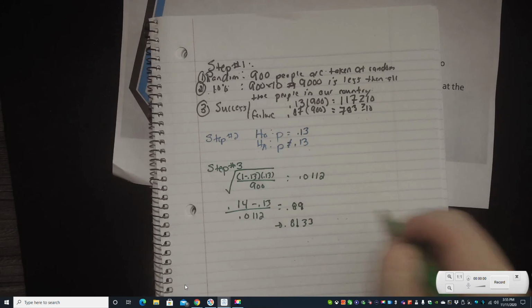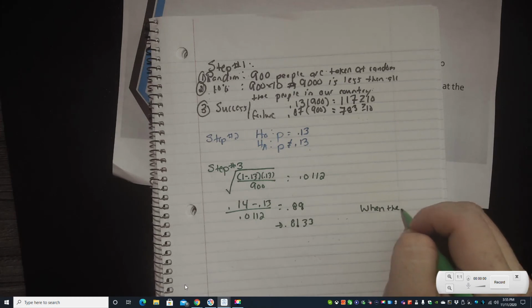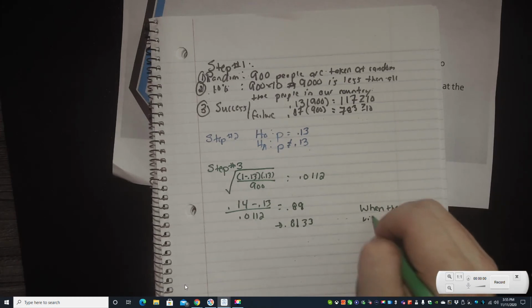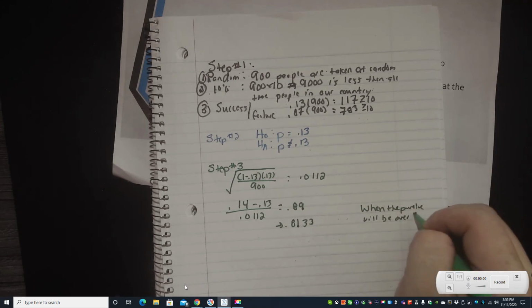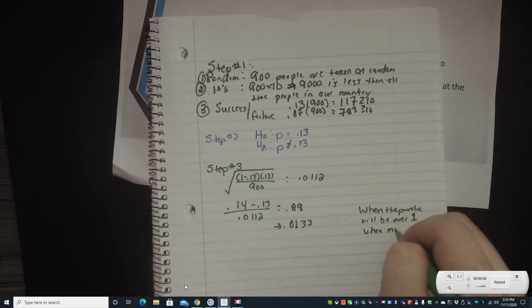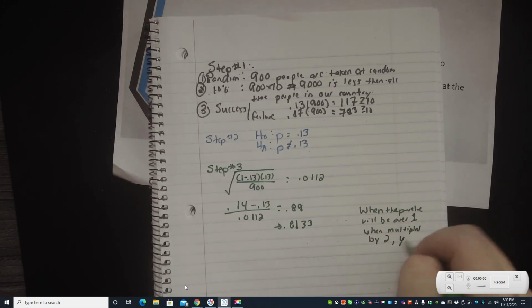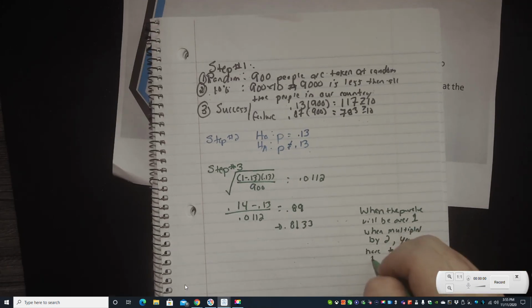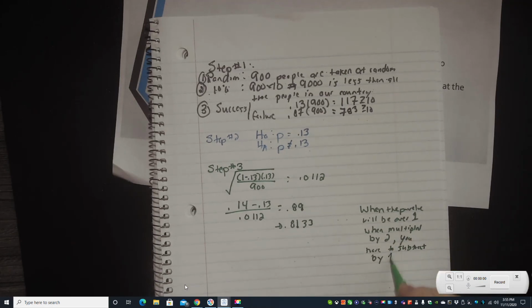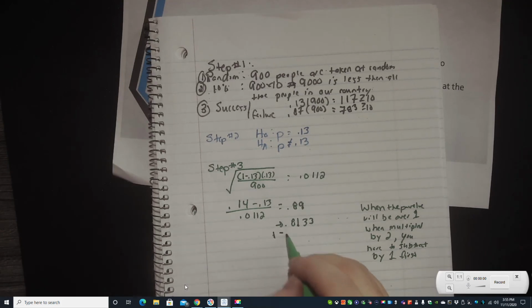So when the p-value would be over 1 when multiplied by 2, you have to subtract from 1 first, because the p-value is supposed to be the ends of the normal curve, and this is clearly more the middle of the normal curve. It shouldn't be this big, basically.